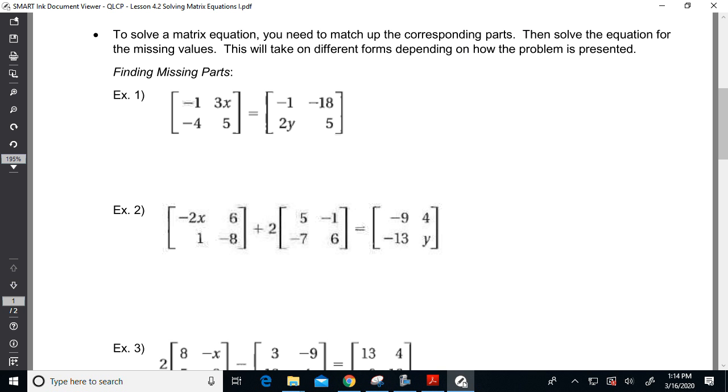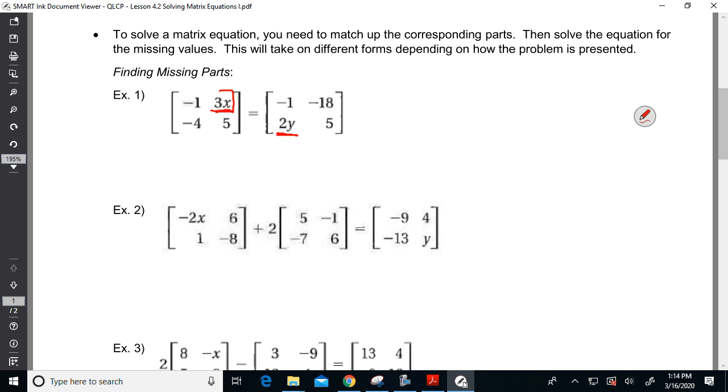Now, if you're just missing parts, then you only have to worry about the parts of the matrix that had a variable in it. For example, in example 1, you're trying to find out what x and y are. But look at where x and y are located.